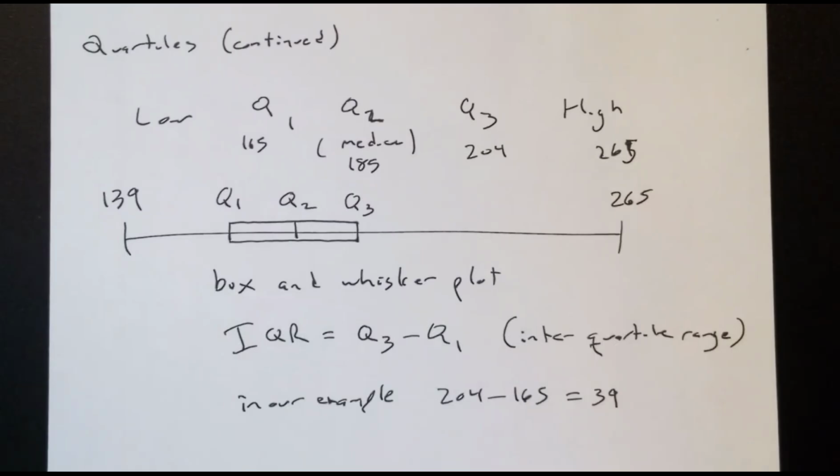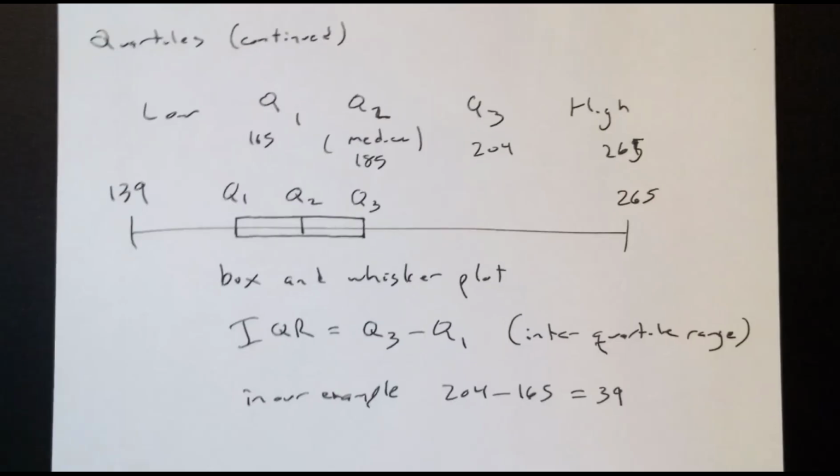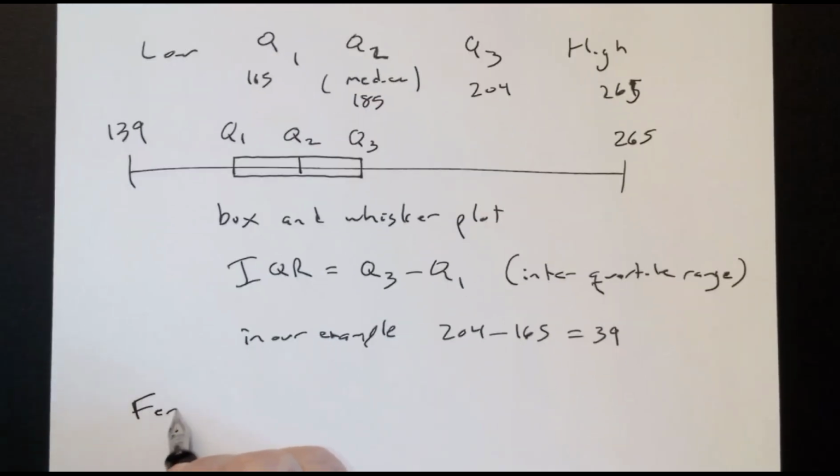When we were dealing with standard deviation, we had the idea that if you were 3 down or 3 up, that was really unlikely. So we called stuff that had a z-score bigger than 3 or smaller than -3 outliers. Here, I want to use our interquartile range, and I am going to define fences.